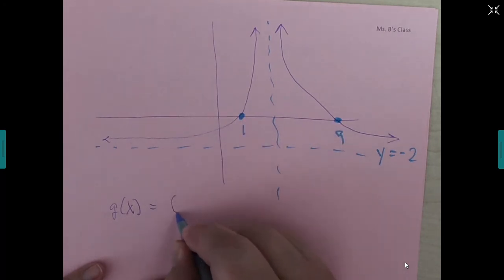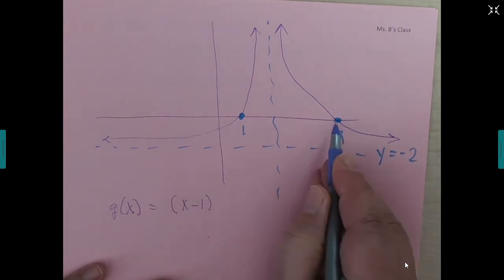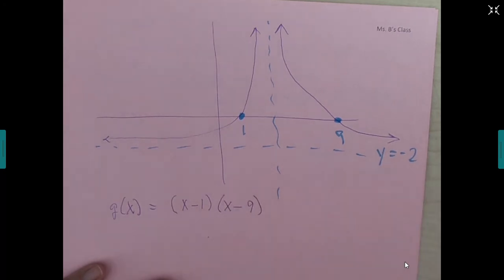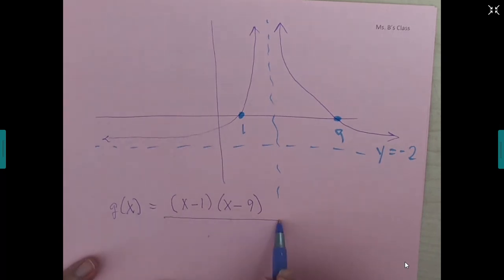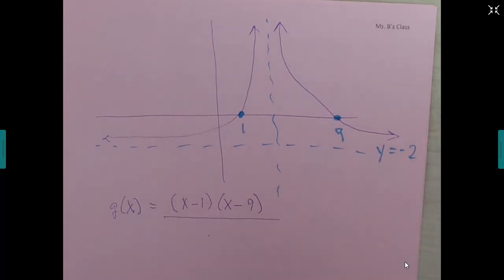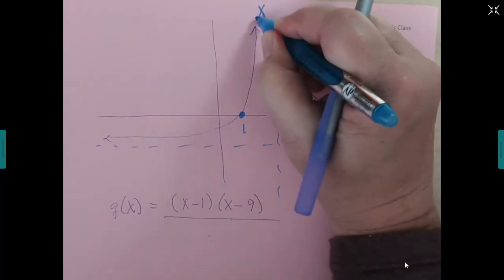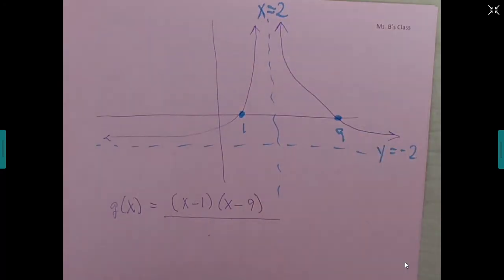So I'm going to write one linear factor, x minus 1, x minus the intercept. Here's the other one, x minus the intercept. And then I'm going to do the denominator, which is determined by, oh, I didn't give that a value. Let's say that's x equals 2. I'm just making up a number, okay?